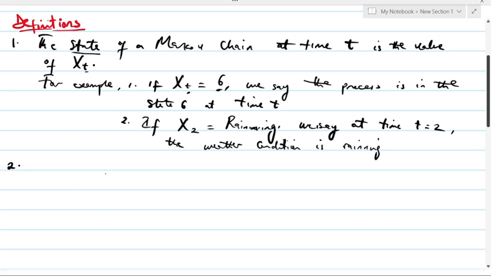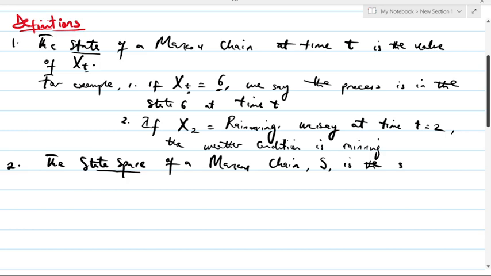Definition 2. Let's talk about the state space now. The state space of the Markov chain, represented as X, is the set of values that each x subscript t your process can take.